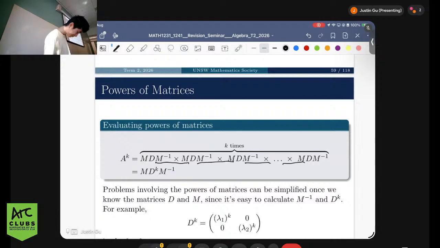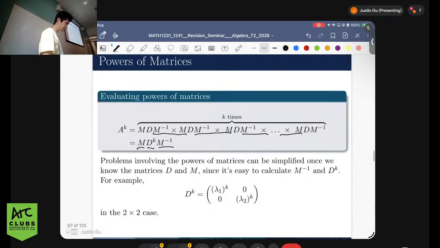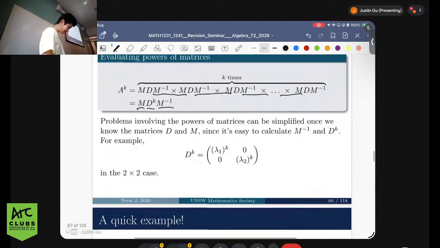What I'm left with, if I multiply our matrix by itself and it's diagonalizable, is M D to the k and M inverse, right? So diagonalization makes it really easy to multiply matrices by themselves, because diagonal matrices are easy to power: you just raise the individual entries to that power, right?